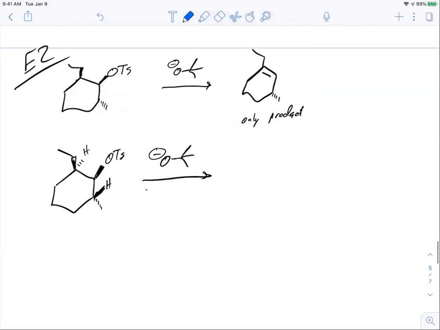Now, could a substitution occur? Yes, and we'll spend time on that afterwards.